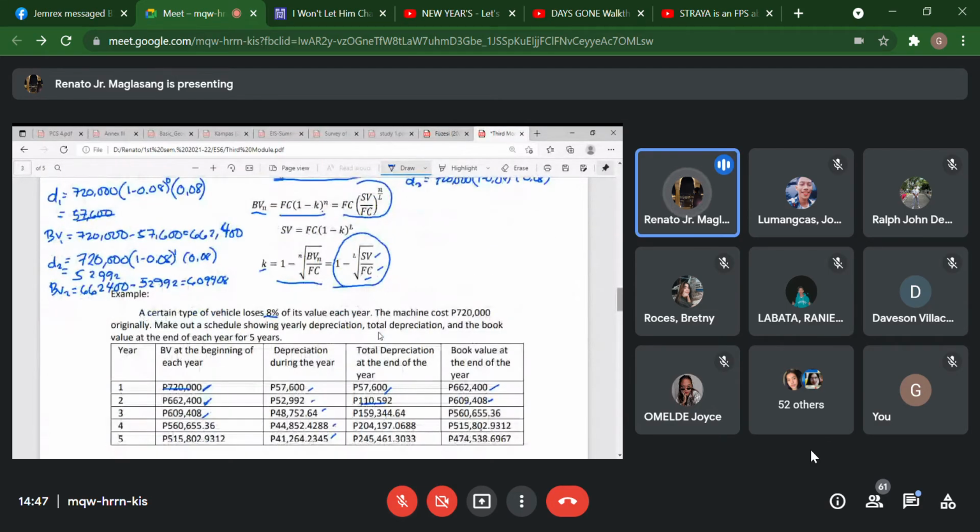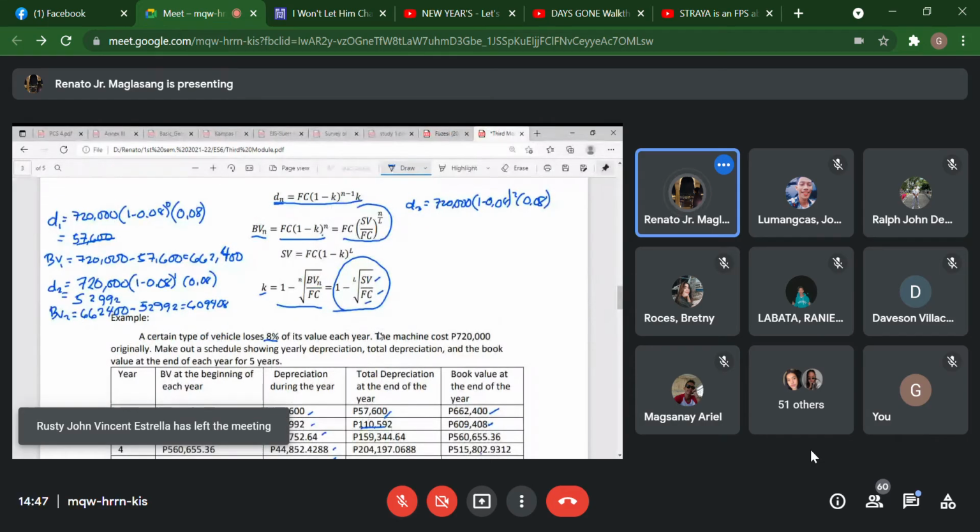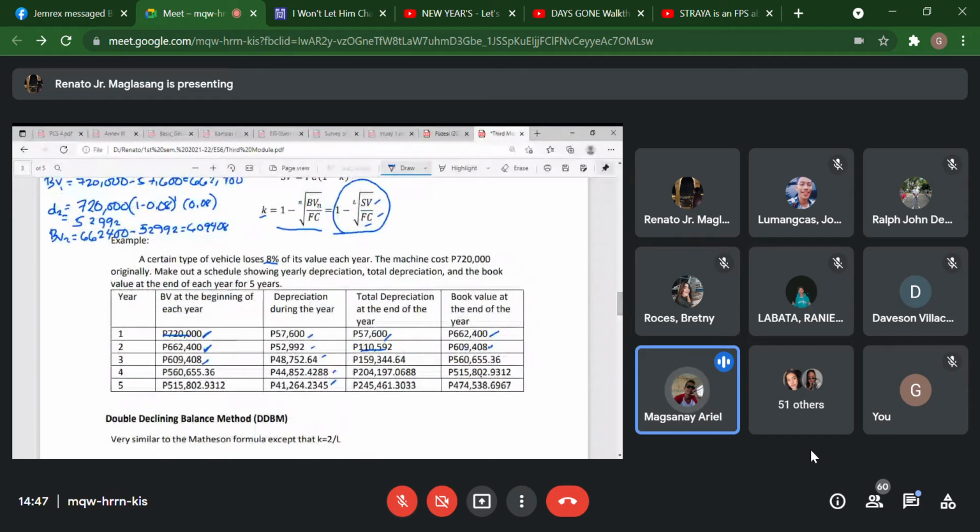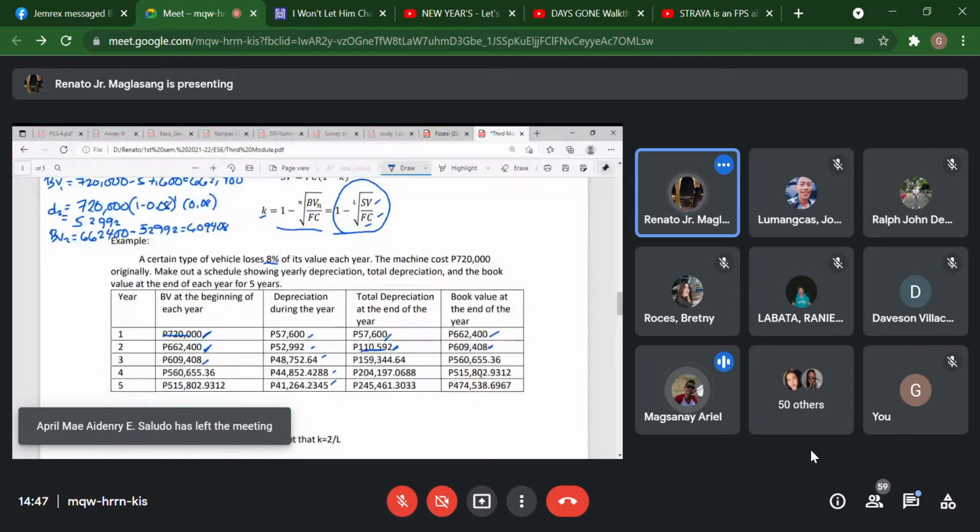If you're asked to determine the salvage, okay, for the total depreciation at the end of the year, you add the depreciation of the previous years.